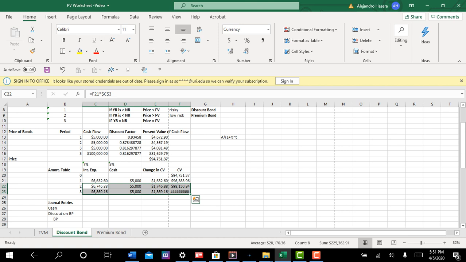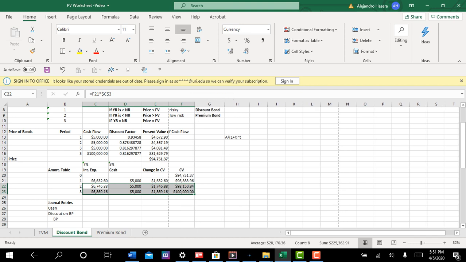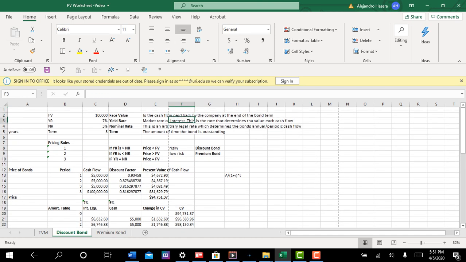And I think it came out fine. And how did I know it came out fine? Because the ending carrying value is 100,000. Notice that for a discount bond, you start at the price, which is less, and the carrying value works its way up to 100,000. And just to emphasize, that 100,000 is equal to that 100,000.